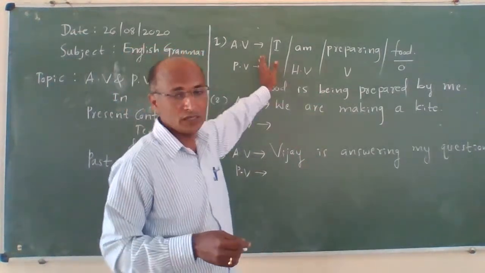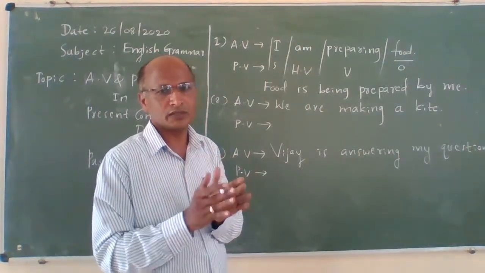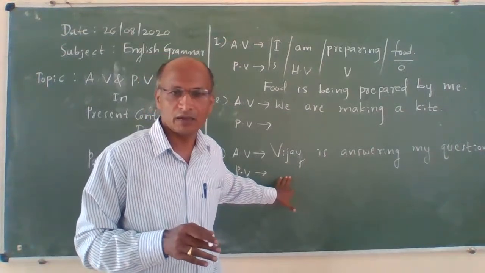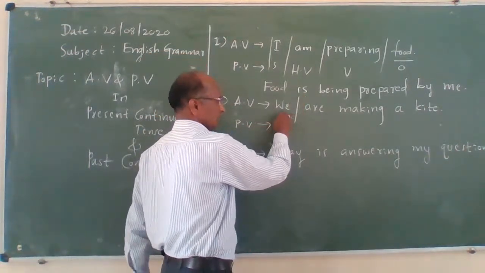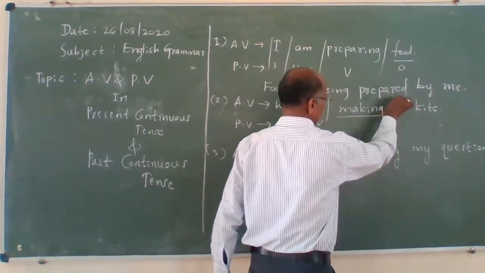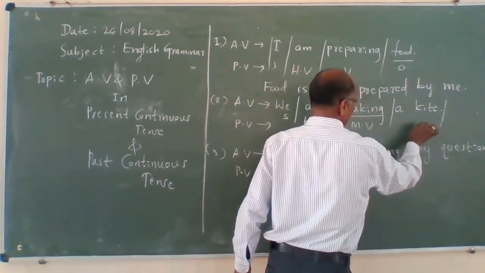In the first example, what procedures have you followed? The same procedures you should follow in the second example and in the third example as well. Right. Here, we is the subject, are is the helping verb, making is the main verb, and kite.